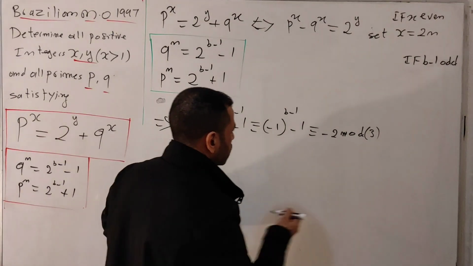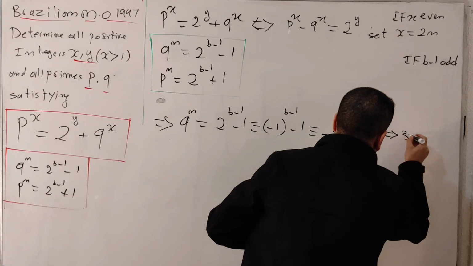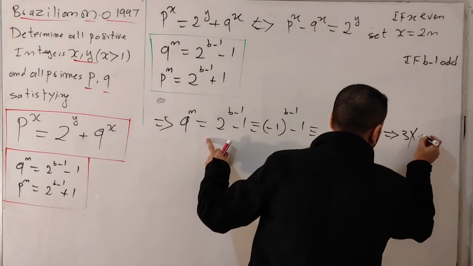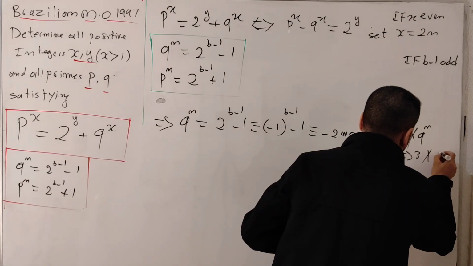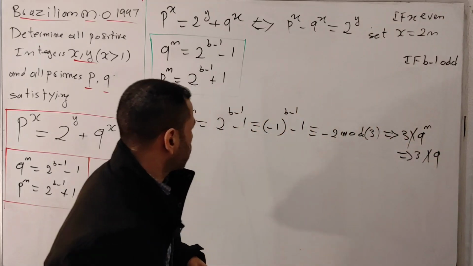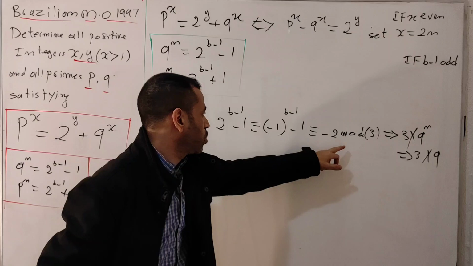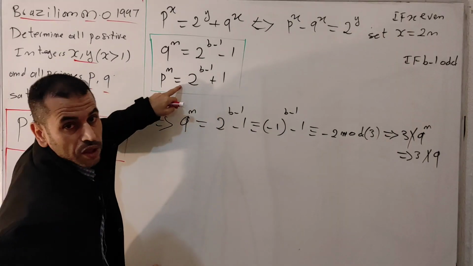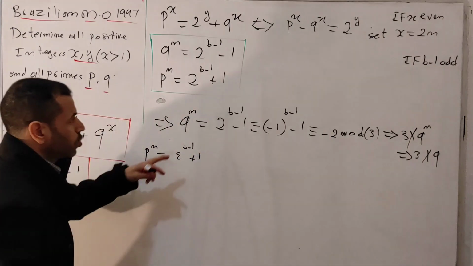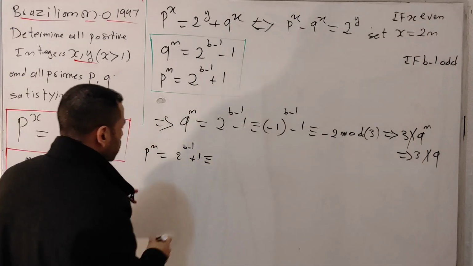This is telling us 3 does not divide q to the n, which means 3 does not divide q, because we have minus 2 here. In order to have 3 divide this, we would need 0 here. Let's use the second equation, 2 to the b minus 1 plus 1. I'm going to do the same thing and reduce this one to mod 3.